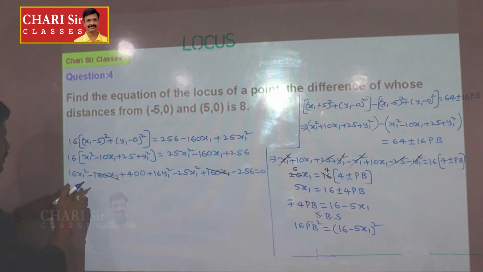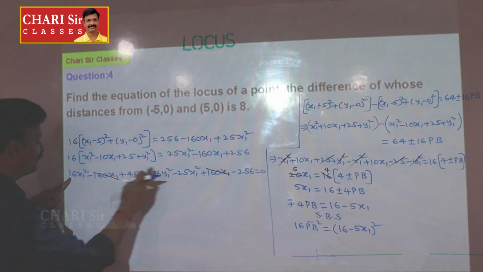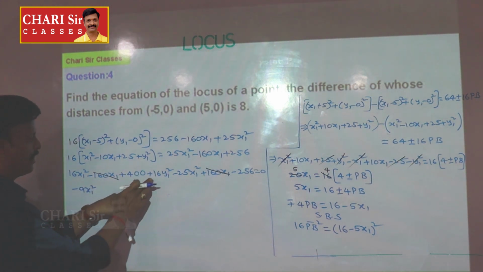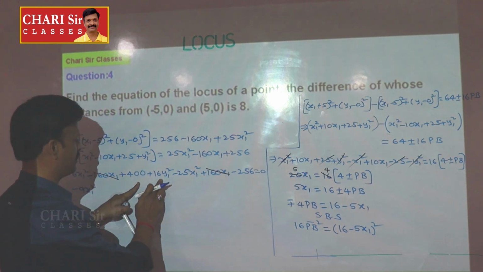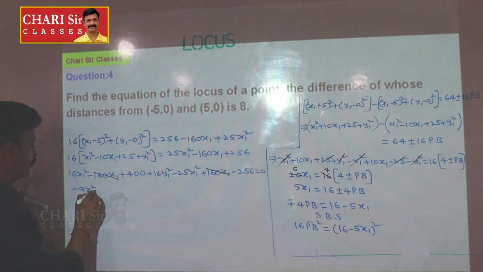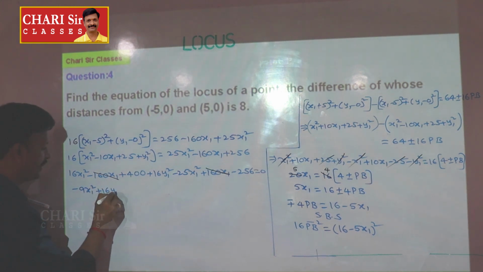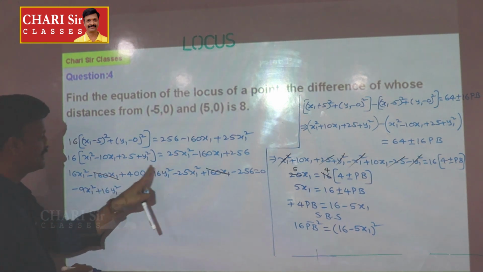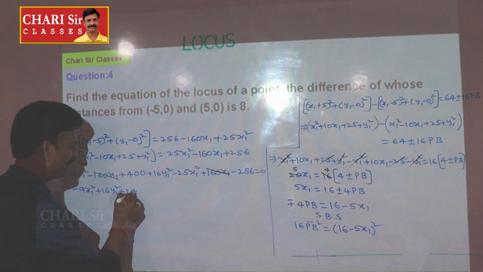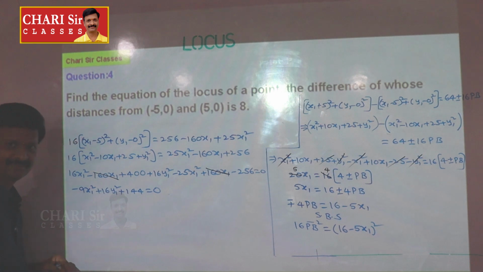That's it. So now here 16x1 square minus 25x1 square, that is minus 9x1 square, and 16y1 square, only 16y1 square. So plus 16y1 square, and minus 256 plus 400, 400 minus 256, that is 144 is equal to 0.